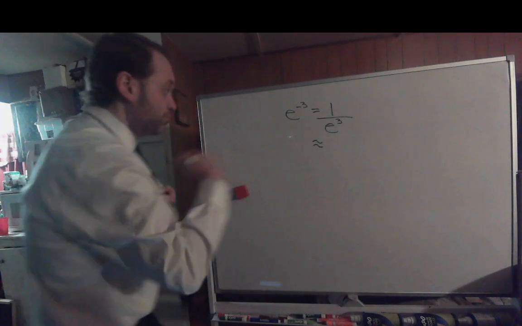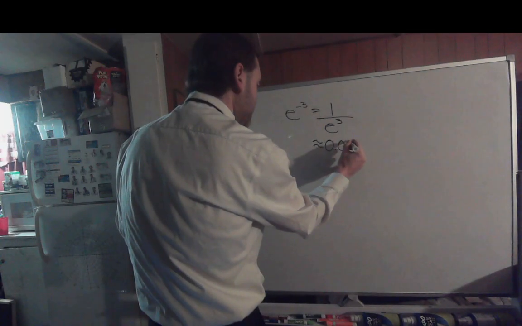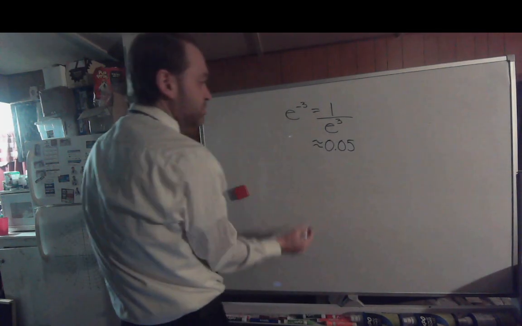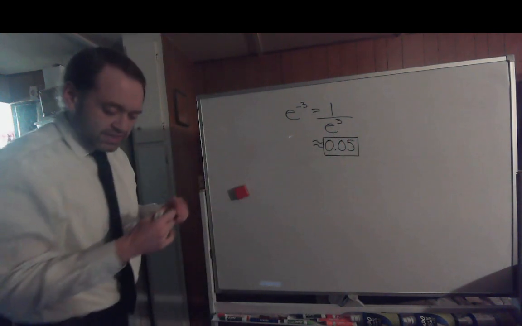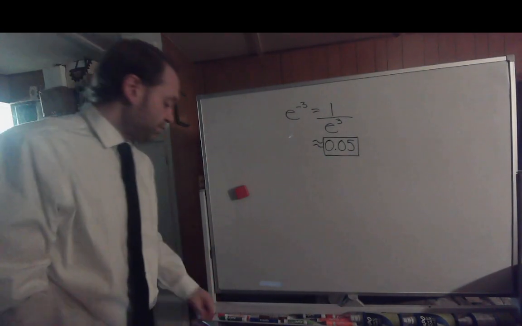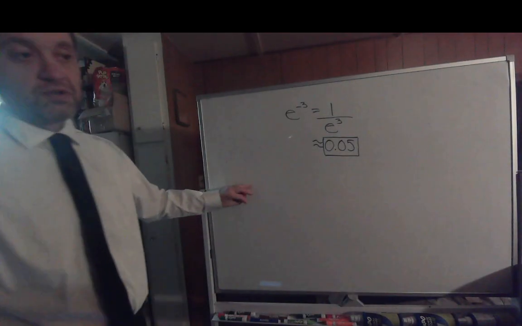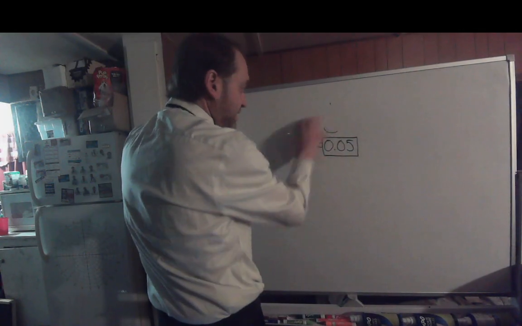Alright, you get approximately 0.05. That's about what it rounds to, approximately 0.05. So it's like taking any other number to a power, only it's e. I don't think anyone has a hard time understanding that. It's just like any other number, really, only it's e this time.